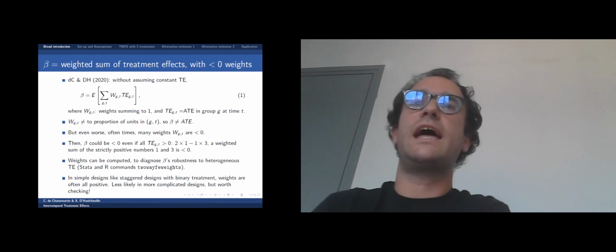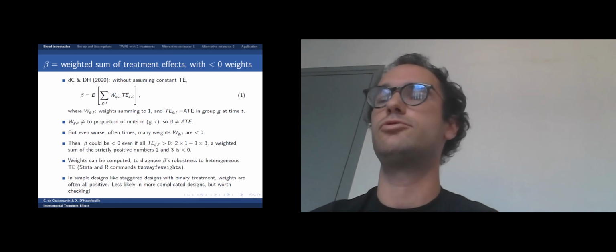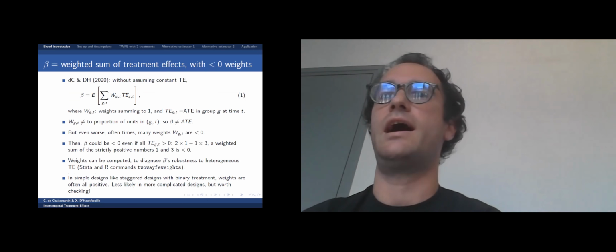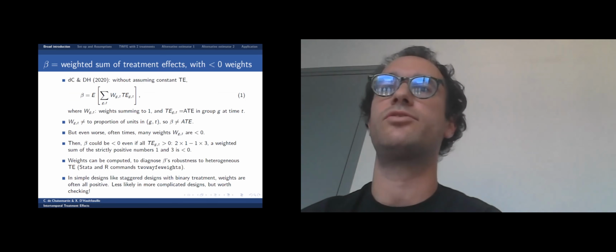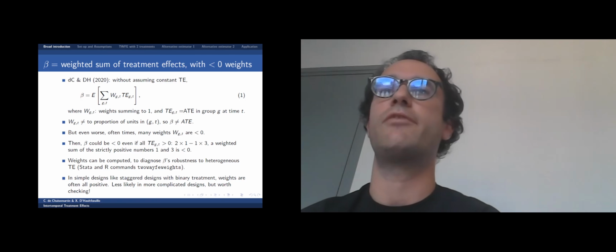And we had shown that if you only assume parallel trends, but you do not assume constant treatment effect, then beta identifies the expectation of a weighted sum of the treatment effects in every group and in every time period.